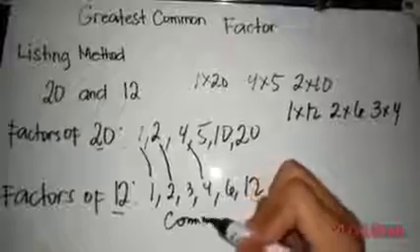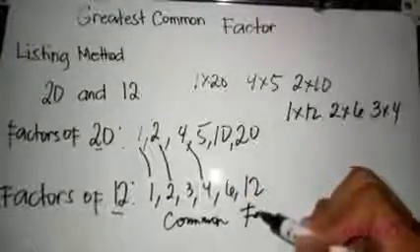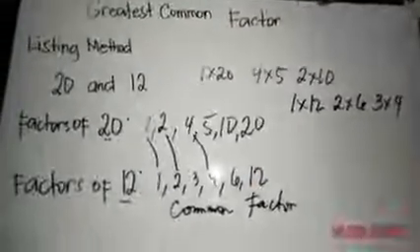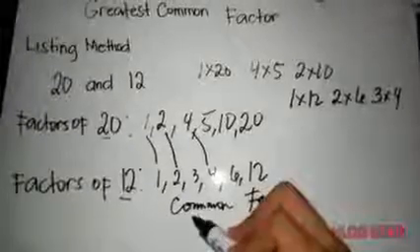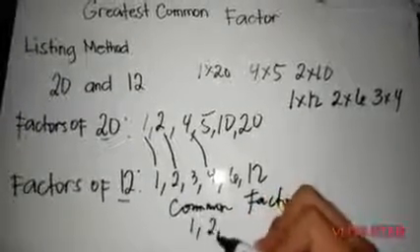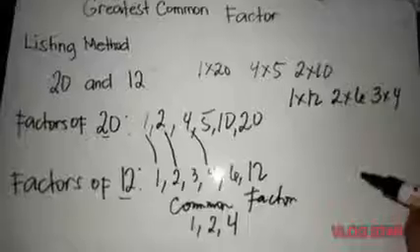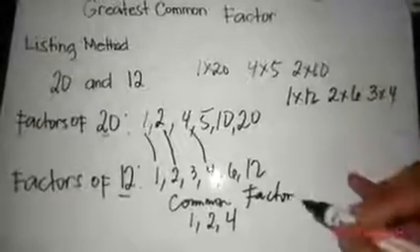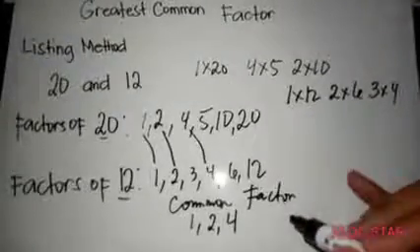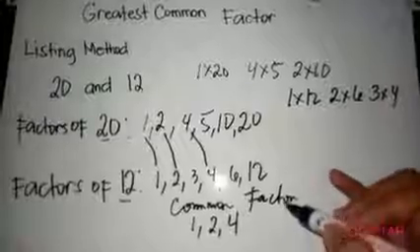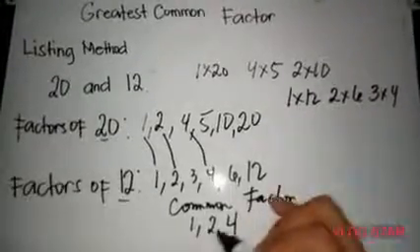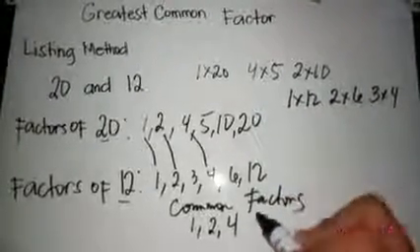So the common factors are 1, 2, and 4. After we write the common factors, determine the greatest among them.